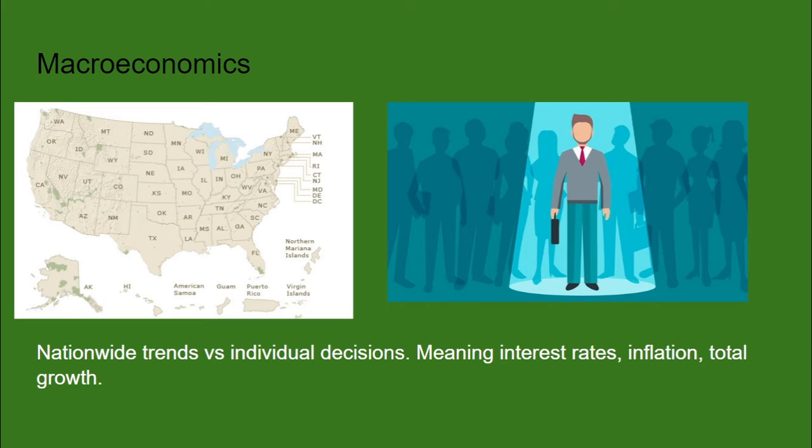We'll also learn the difference between real economic growth, which is inflation-adjusted growth, versus nominal, which is non-inflation-adjusted growth, and how these aggregate things interact with the individual. So the macroeconomics is nation level, hence the picture of the United States, which I believe that is the national parks map, versus an individual, just a little clip art I found, and just how all of that works.